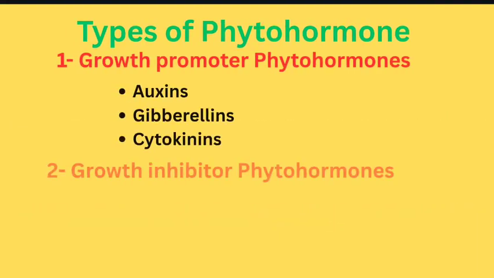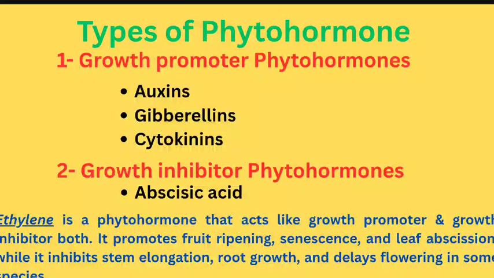Let us know about the types of phytohormones. There are two types of phytohormones. First is growth promoter phytohormones and second is growth inhibitor phytohormones. The growth promoter phytohormones always promote the growth of the plant, and there are three hormones under this category.